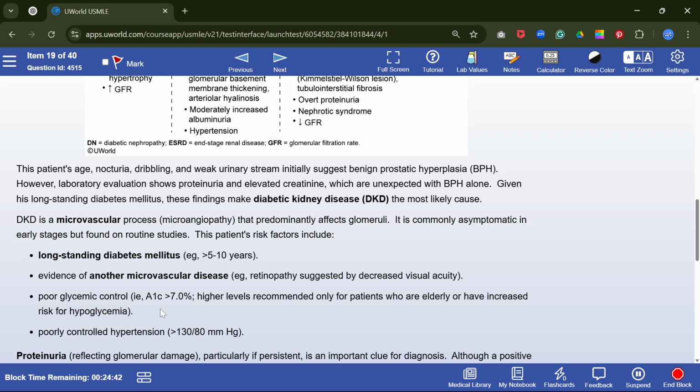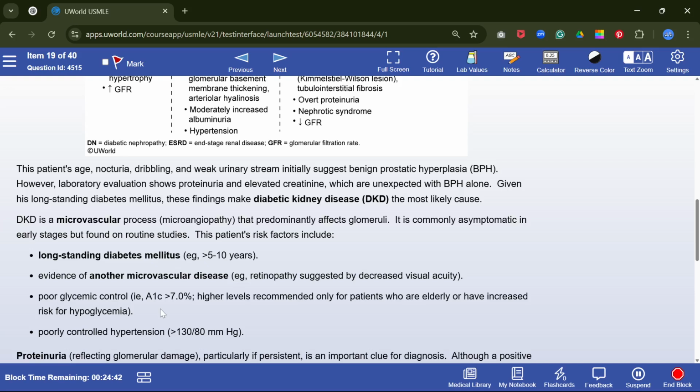However, lab evaluation shows proteinuria and elevated creatinine, which are unexpected with BPH alone. Given his long-standing diabetes, these findings make diabetic kidney disease the most likely cause.